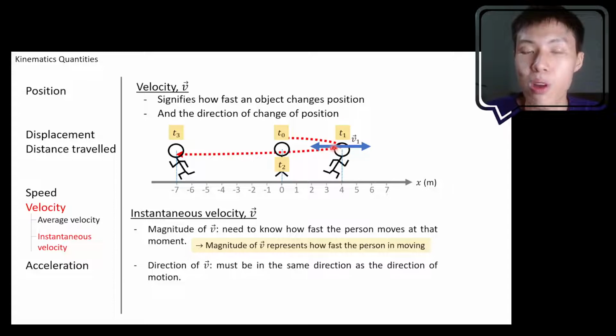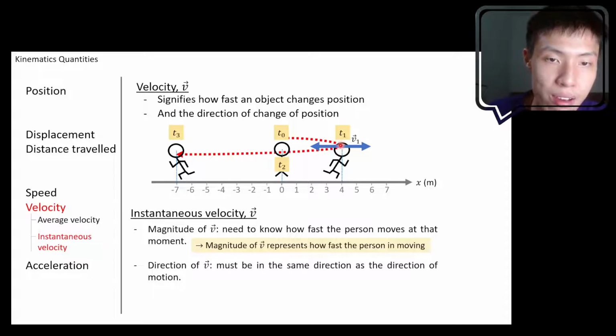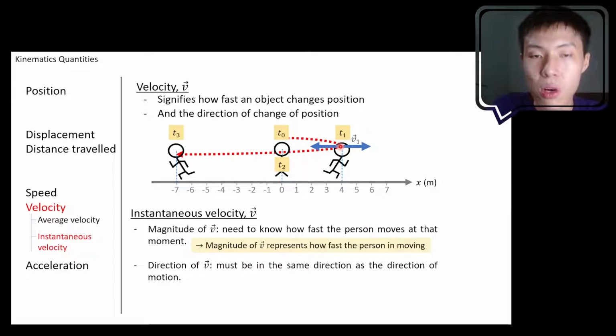Now this is where we might get confused, because for direction of motion there are two directions. I come in from the left towards the right. I go away from the right towards the left. In that case, where's my direction? Well, no, you don't need to determine the direction. Why? Because the magnitude of velocity at this point is 0.